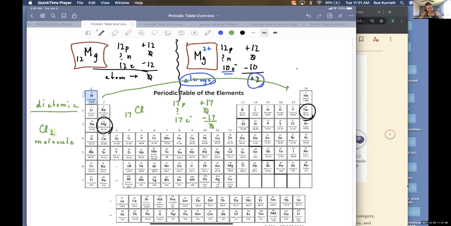So, going back to chlorine, when it gains electrons to become stable, how many electrons will it have? What's the nearest noble gas?